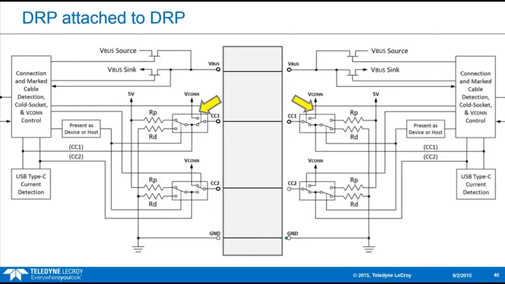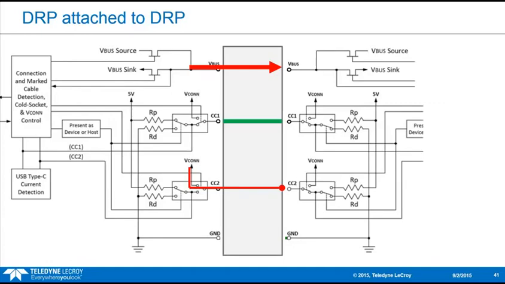It's effectively a switch within these receptacles going from pull up to pull down, pull up, pull down. At some point, they both see RP or RD on the CC line. The CC pin that's at the higher voltage will indicate which one should be used. Here I'm only showing a single CC wire with only one of the four possible orientations. The other CC becomes Vcon if needed, and the DFP should always be the initial source for Vbus.